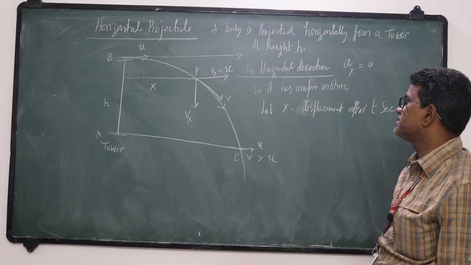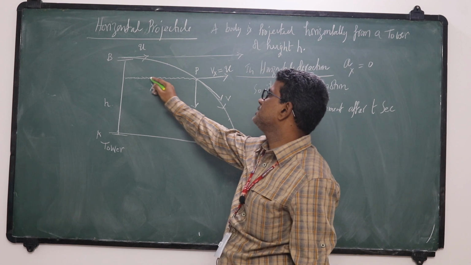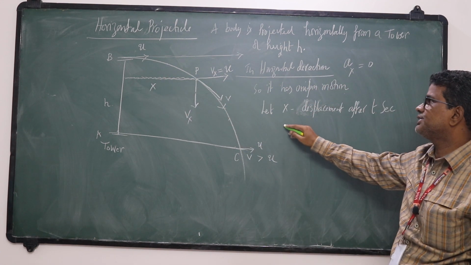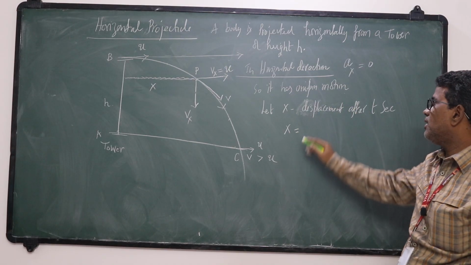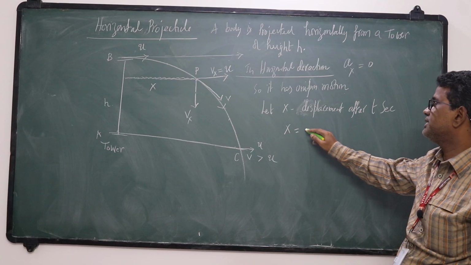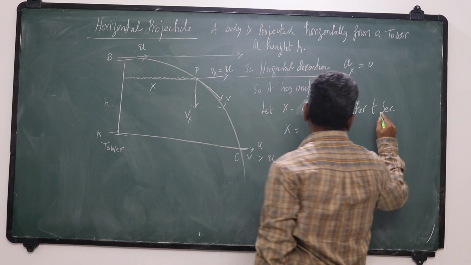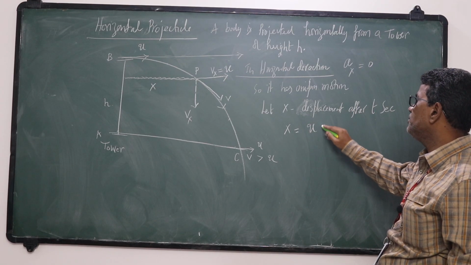I want this x. In the diagram, this is x. How do you find it? Since it has uniform motion, it is horizontal velocity into time of flight. From here to here, time is t seconds, small letter t. So it is u into t.